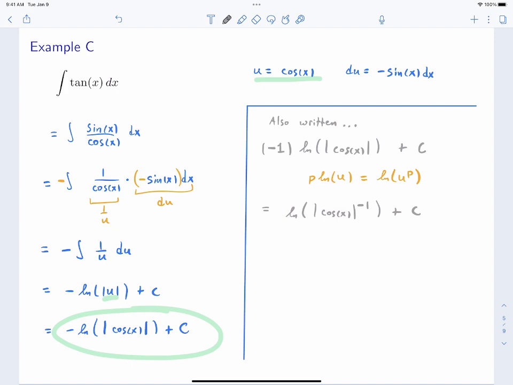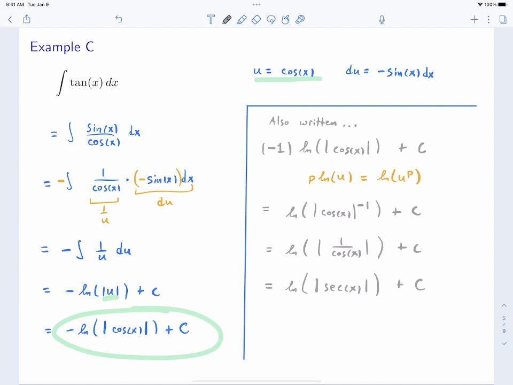Now cosine to the -1 is 1 over cosine, but 1 over cosine is also called secant, so we can write this as ln of the absolute value of secant of x plus a constant, like so.